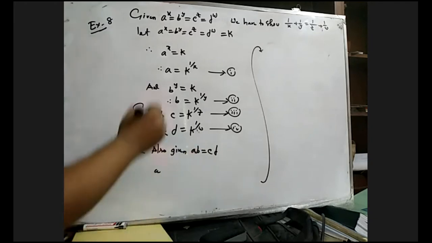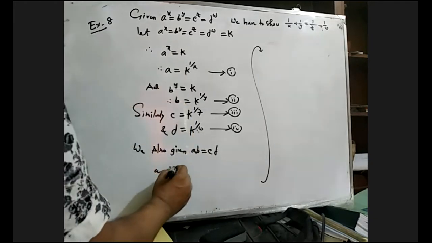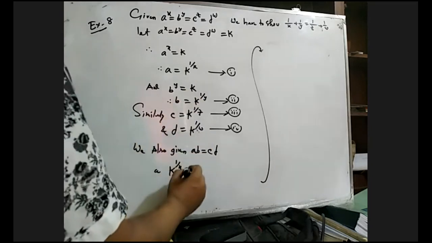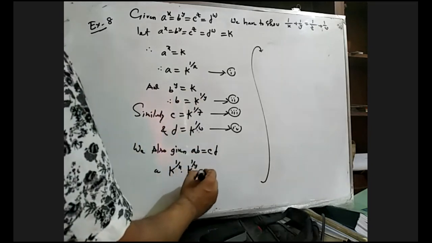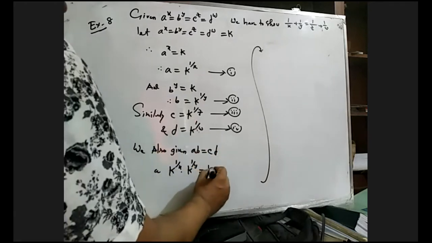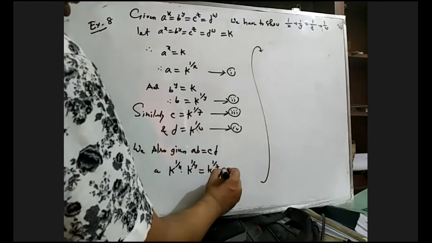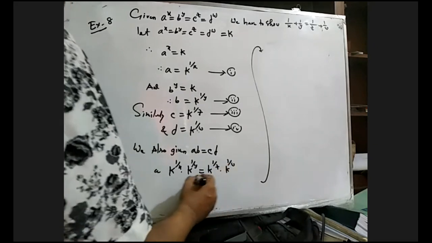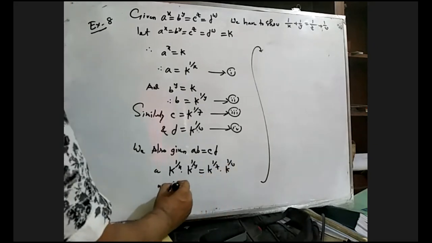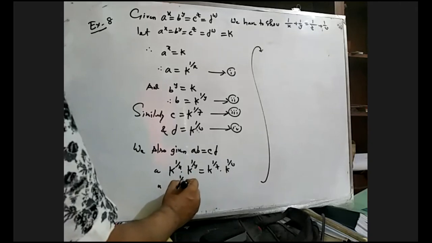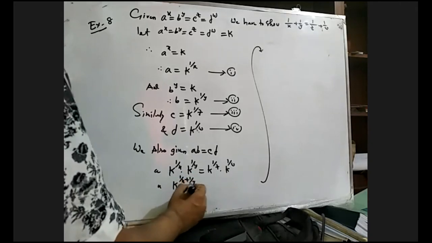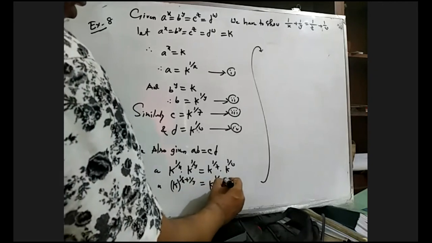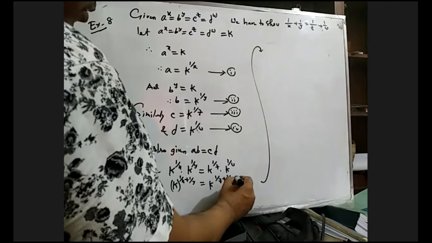So just putting the values, A equals K to the power 1 by x, B equals K to the power 1 by y, C equals K to the power 1 by z, D equals K to the power 1 by w, or K to the power 1 by x plus 1 by y, and this also 1 by z plus 1 by w.